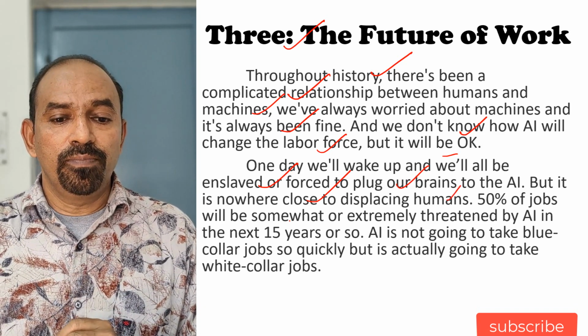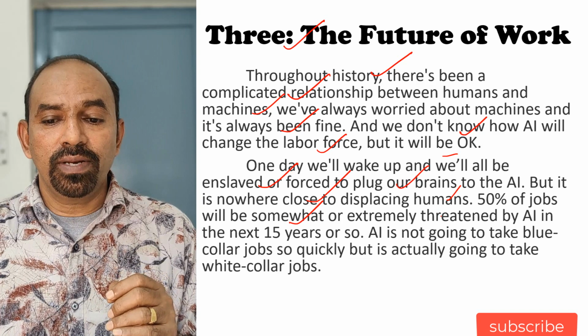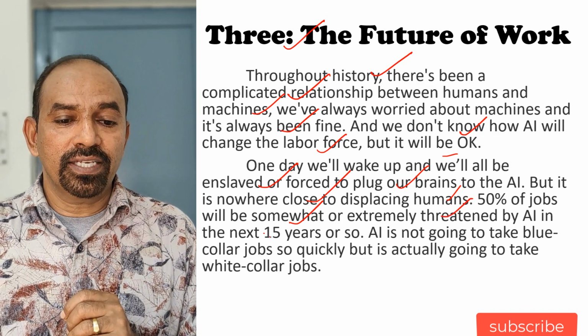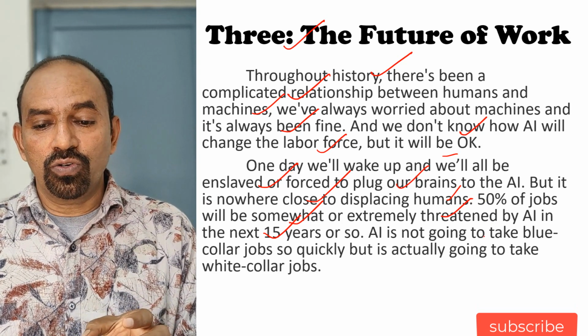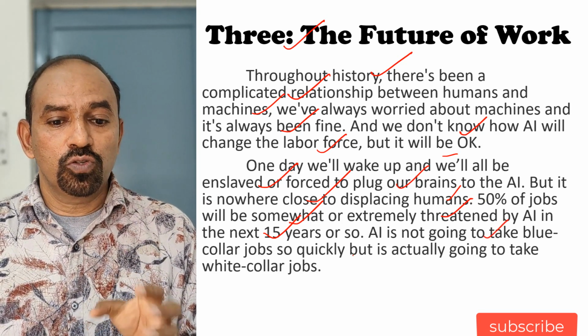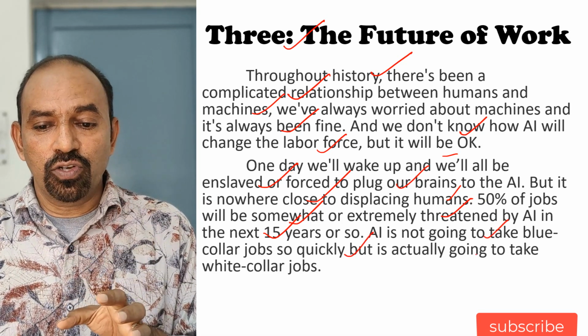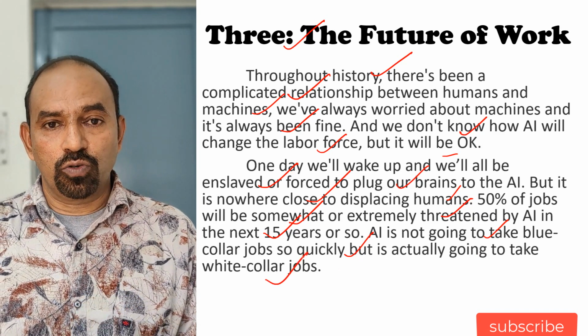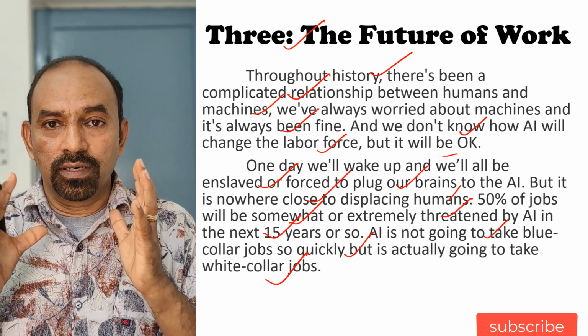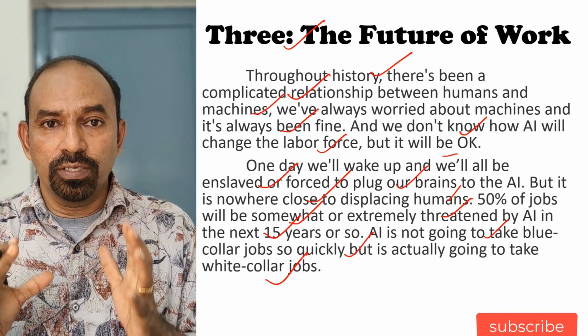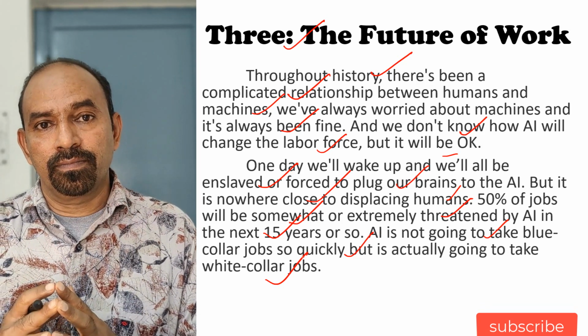50% of jobs will be somewhat or extremely threatened by AI in the next 50 years or so. AI is not going to take blue collar jobs so quickly, but is actually going to take white collar jobs. So this is the threat to the jobs we are doing at present.